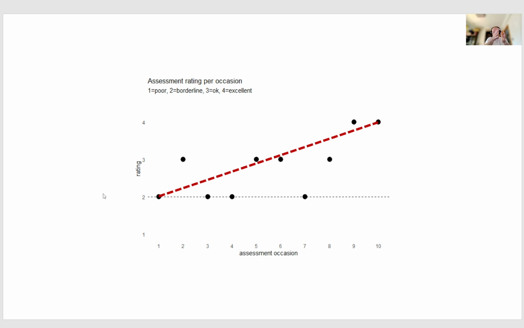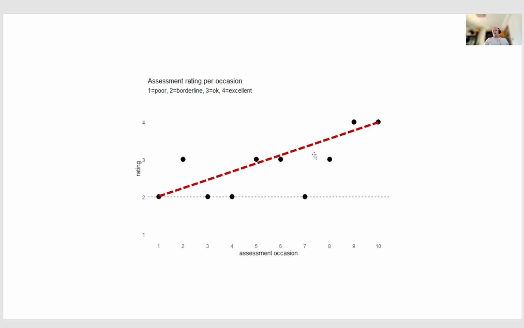If the course focuses on the same skills that are being trained on a weekly basis and assessed on a weekly basis, one would want to see an improvement in ratings throughout that program, right? In this case a 10-week program.